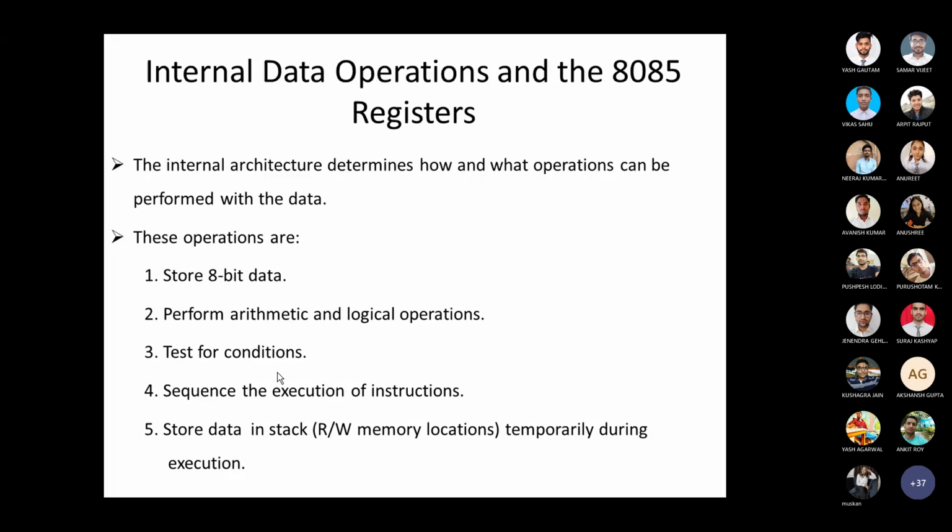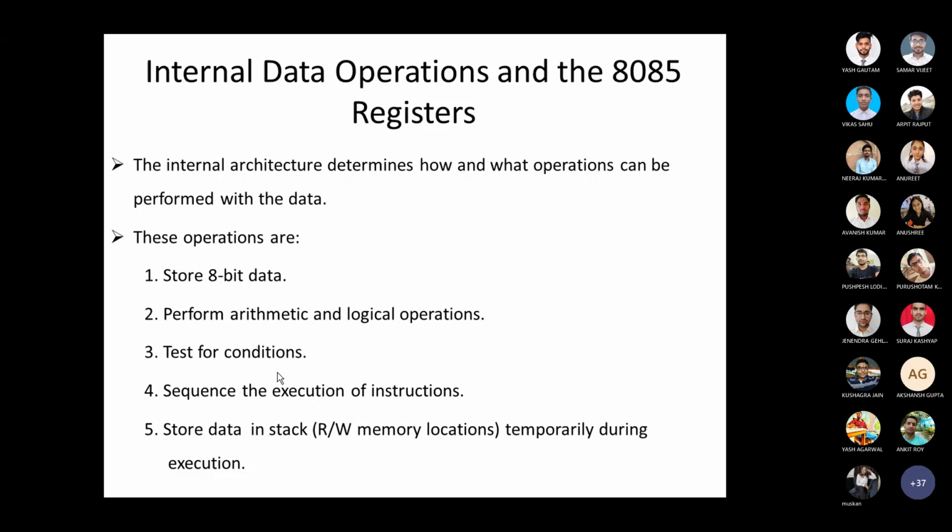The internal architecture of the microprocessor defines how and what operations can be performed with the data. Depending on the instructions and the internal architecture, operations on the data will be performed.